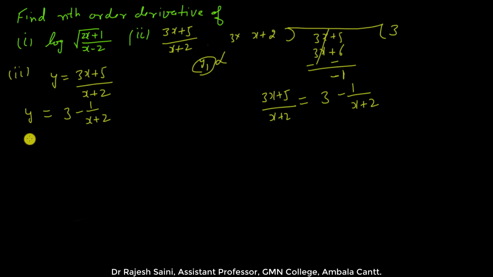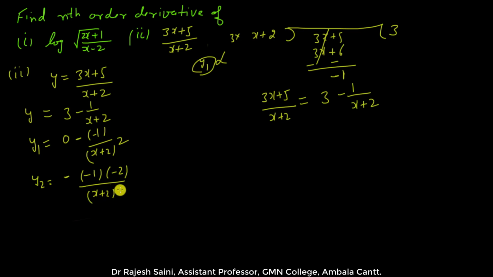Now we will try to differentiate it. So I am going to generalize it. y1 will be 0, minus is already here, 1 more minus will come, it will be x plus 2 square. Okay, one more time differentiate, minus is already there, here is minus 1 and here is minus 2 divided by x plus 2 cube.